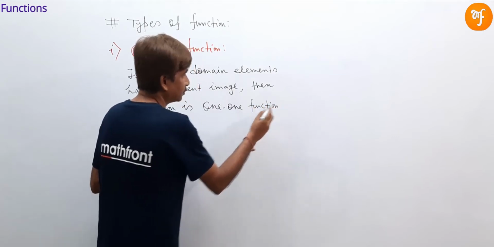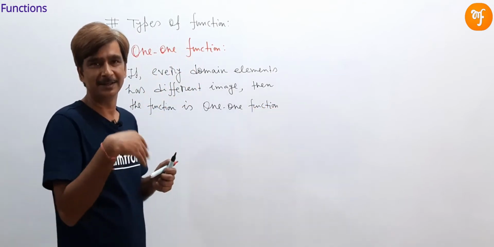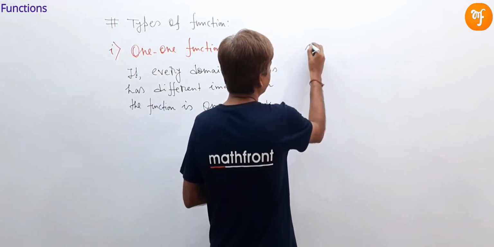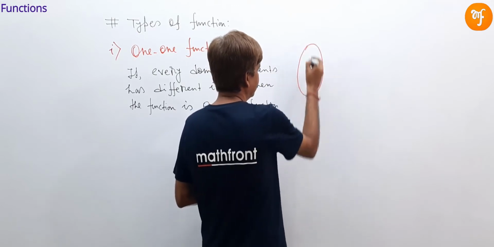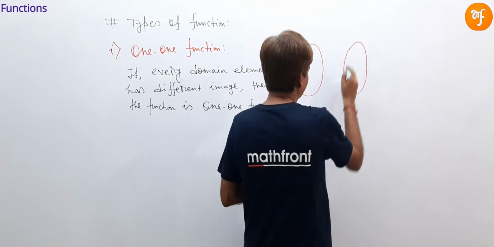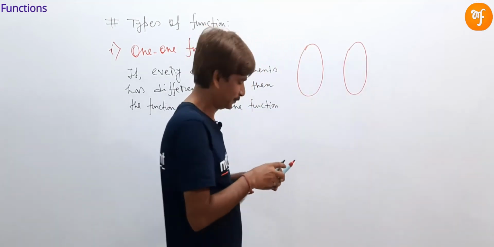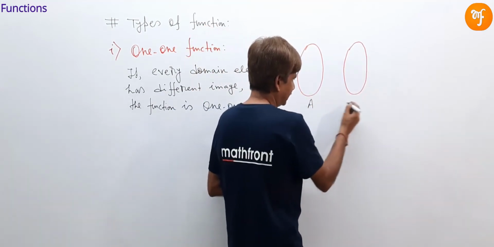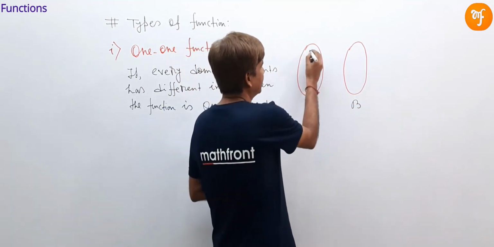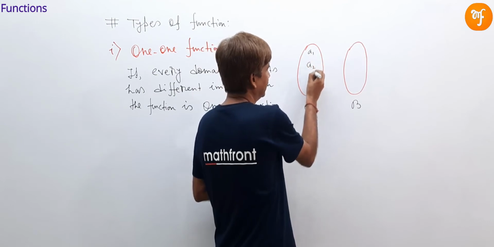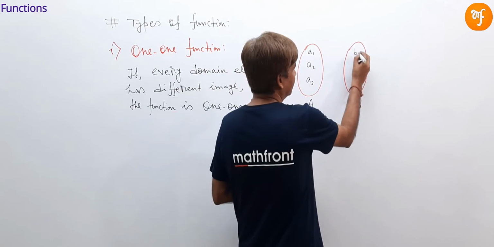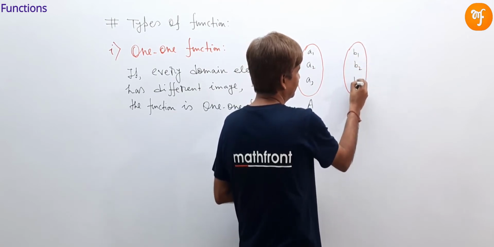Okay, so just consider the example, then it will be clear to us. Suppose these are two sets, and this is set A and this is set B. So give the name set A and set B. Here elements of set A are, suppose, a1, a2, a3, and elements of set B are b1, b2, b3.